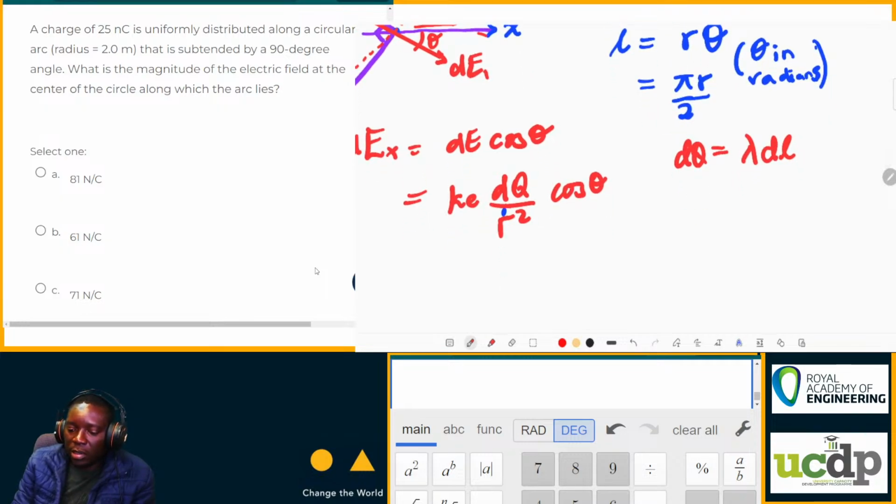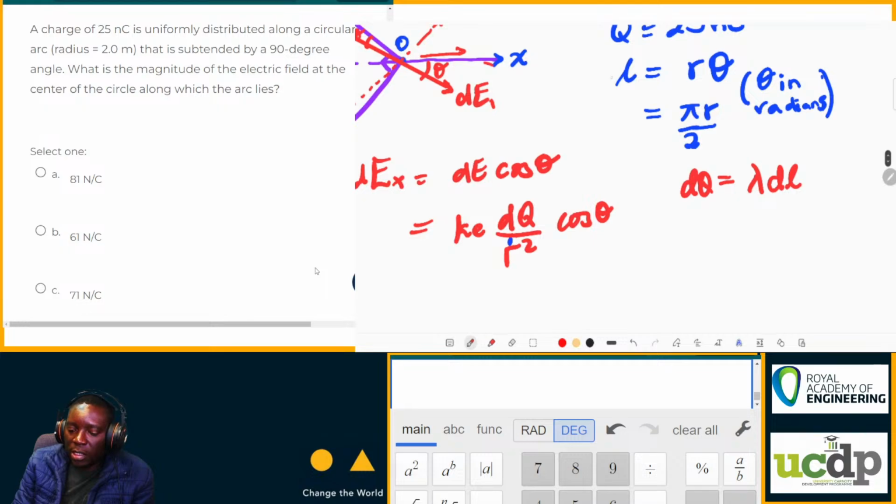So our dl in this case is basically this part, dl equals r, which is constant. dl varies with d theta. Because r is constant, if you have a bigger circumference, it's because of a bigger sweep of the angle from the center of the circle.